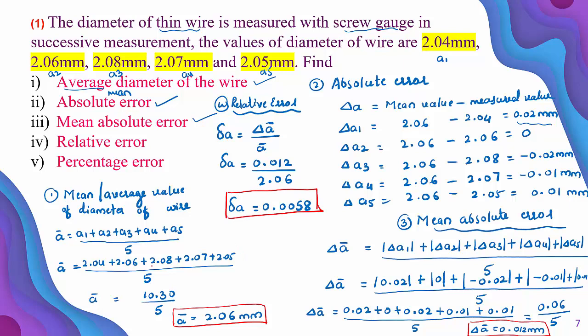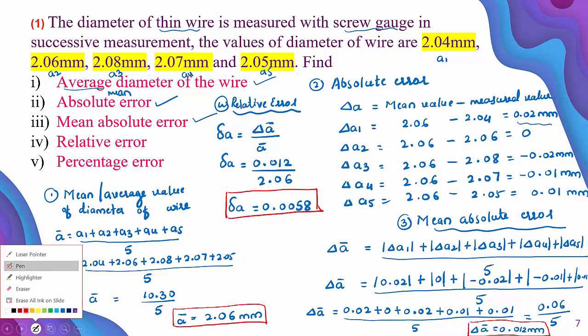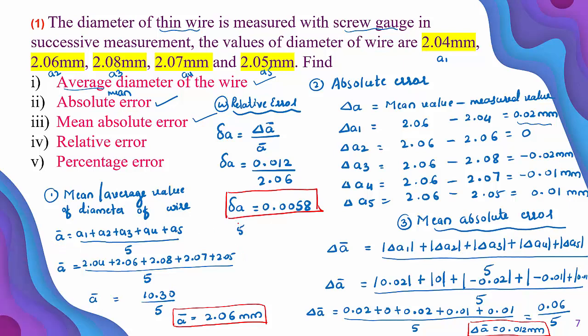Right? Then last point is percentage error. Fifth one, that is percentage error. How to find this percentage error? The formula for percentage error is what? Delta A percent is equal to delta A into 100.